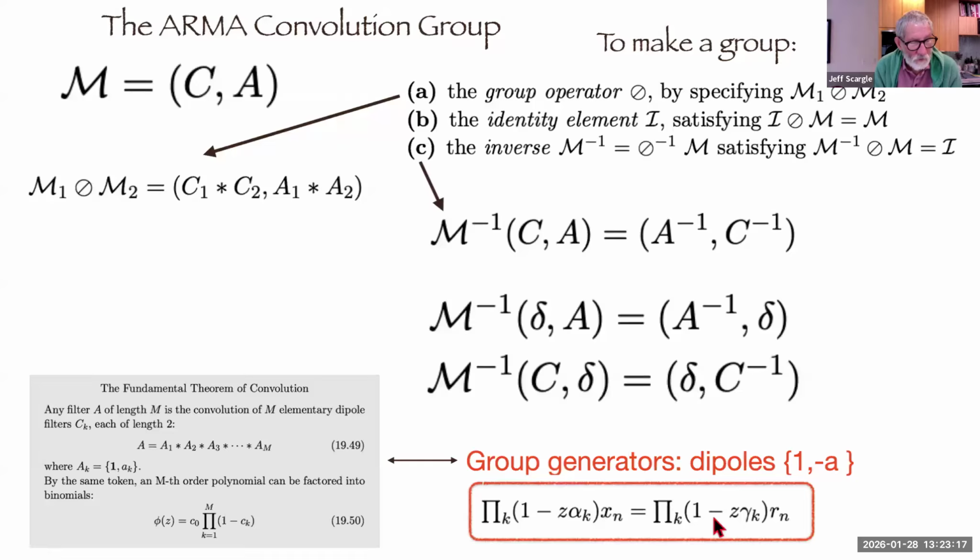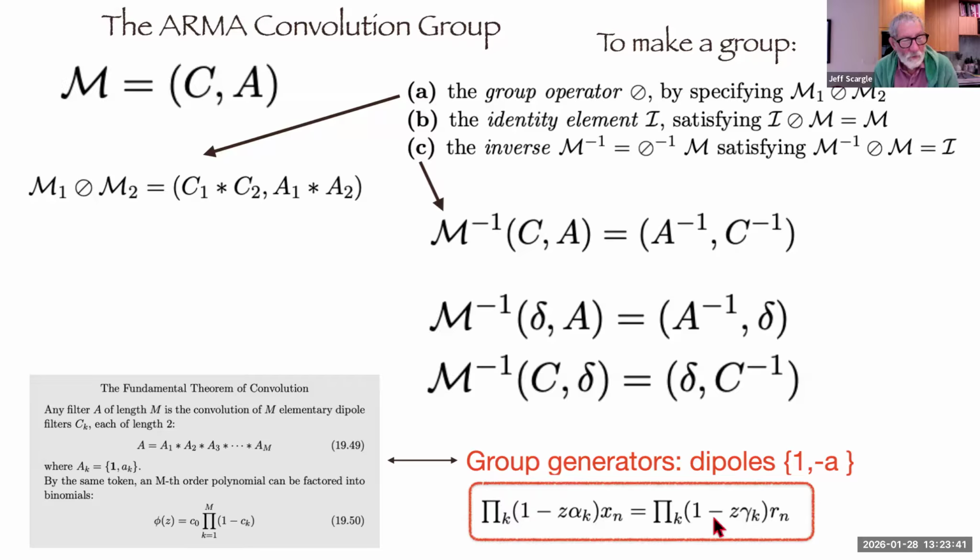This is sort of formal, and I think it's a nice unification of things. It shows you how you can generate things from very simple elements, and there are only two essential elements: a first order autoregressive filter or model, and a first order moving average filter or model.